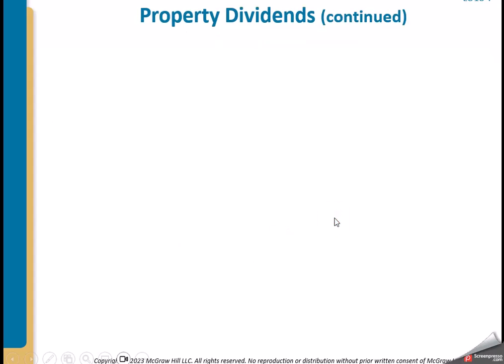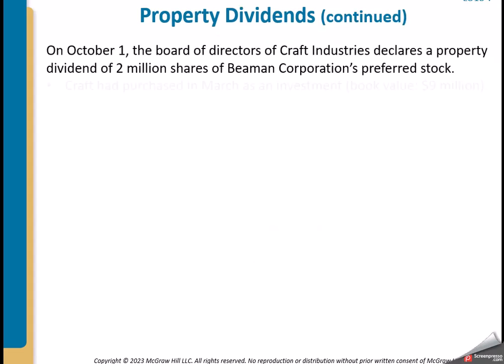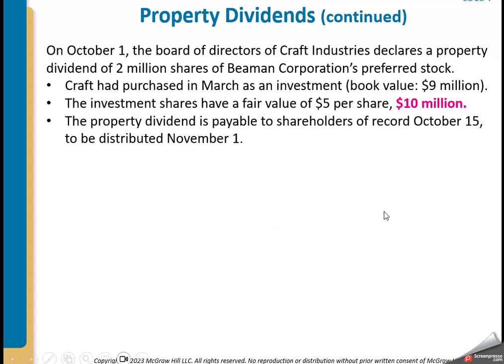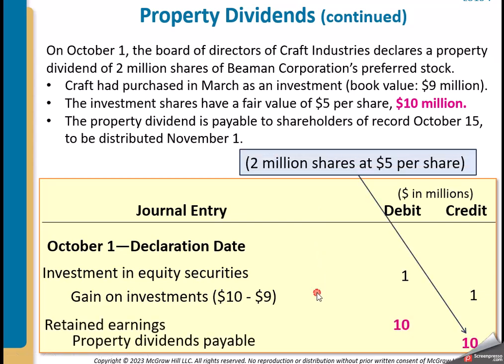The companies could also give out property, so you want to use the fair value of whatever that property is at the time. Say it's an investment and you're going to give them shares of somebody else's stock. You're going to first have to bring that investment up to market value.